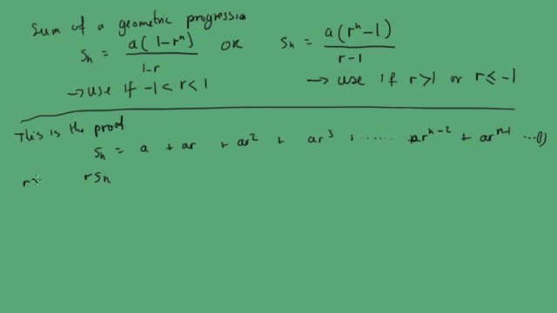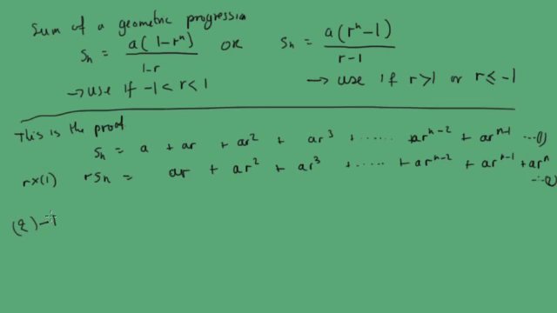So we've taken r times equation 1, and we'll get AR plus AR squared plus AR cubed, and so on, plus AR^(n-1) plus AR^n. And that's equation 2.